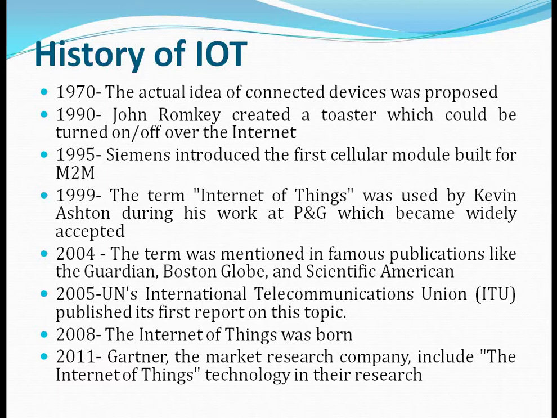In 2005, the UN's International Telecommunication Union, ITU, published its first report on this topic. In 2008, the Internet of Things was born. In 2011, Gartner, the market research company, included Internet of Things technology in their research. So this is the history of IoT.